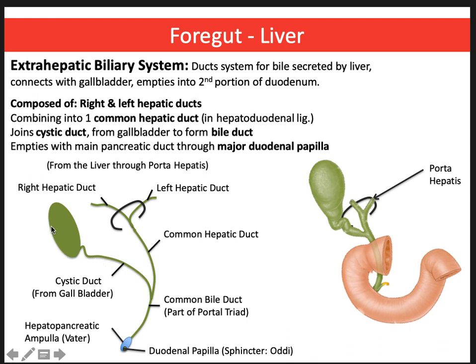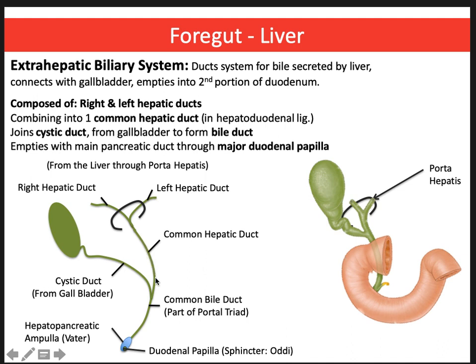So the gallbladder is a storage space for bile. When you don't need it, you store it there. When you need more than what the liver is capable of secreting, you will just contract your gallbladder and have more bile excreted into your GI.